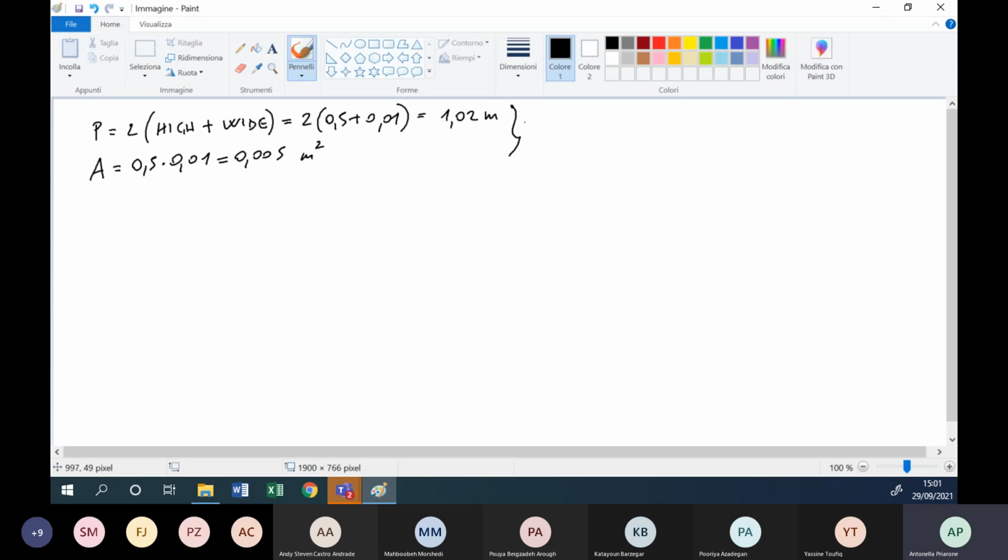Using these two values, I want to obtain m, that is the square root of hP over kA. And I substitute numbers.